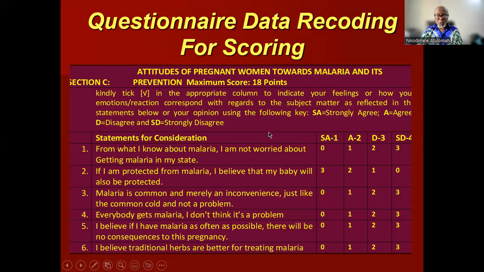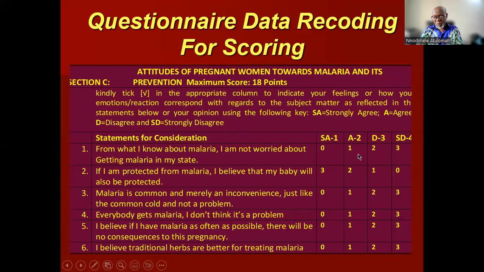Here we have coding. We want to recode our questionnaire so that we can measure the aggregate score. So these are weighted scores, 0, 1, 2, 3. They are weighted according to how correct they are in relation to the statements.